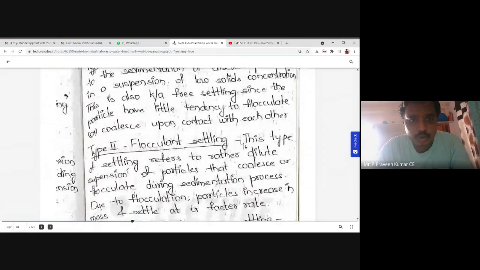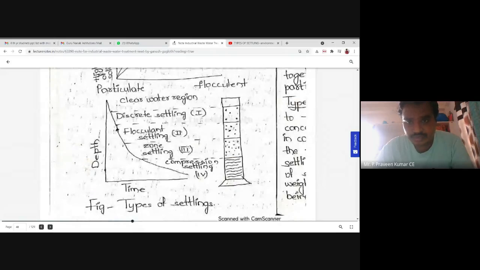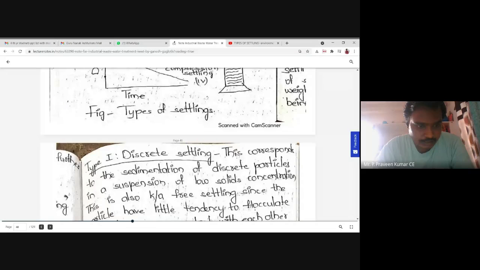I will give some more information about these 4 different types. Let's see some other slide. One minute, wait.